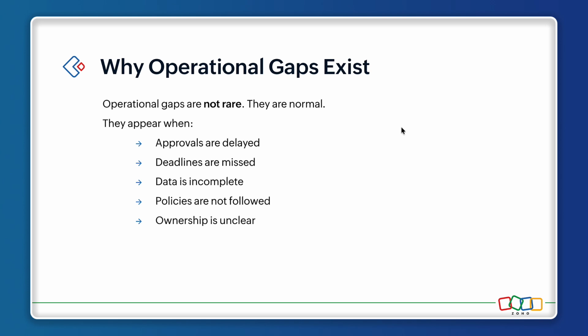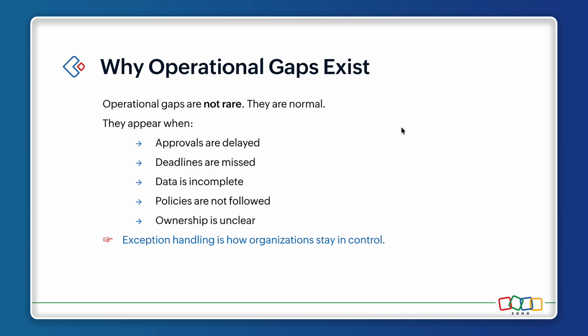They can appear when an approval is delayed, when there are SLA breaches or missed deadlines, when there is data inconsistency in the business process, when policies or rules are not followed, or when ownership is unclear for a particular process. So these are the places where operational gaps exist.